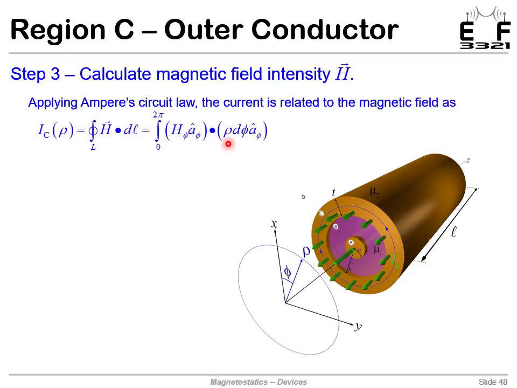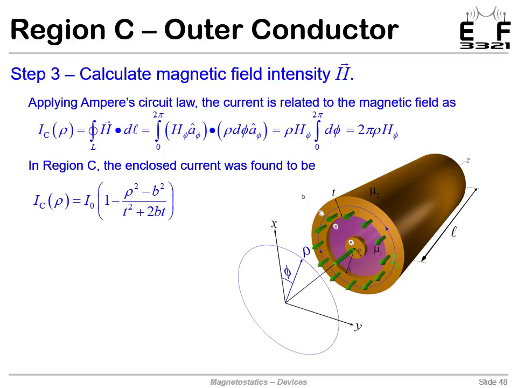The differential length in cylindrical coordinates is just rho d phi a_phi. We can bring rho and H phi to the outside of that integral, and the integral that's left is just equal to 2 pi. And we get 2 pi rho H phi. We keep seeing the same derivation. It hasn't changed. And that will give us the total current enclosed within radius rho.